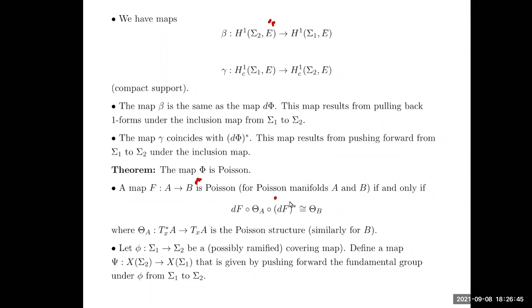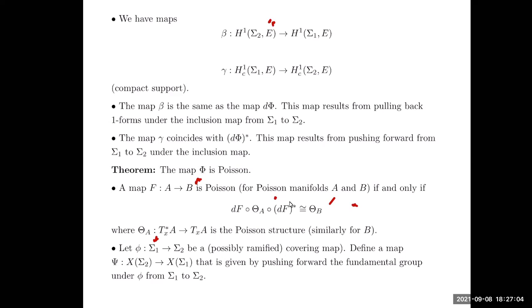Here, theta A and theta B are the Poisson structures. So basically, you're insisting that d f intertwines theta A and theta B.